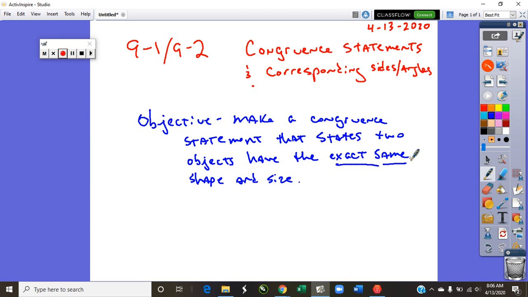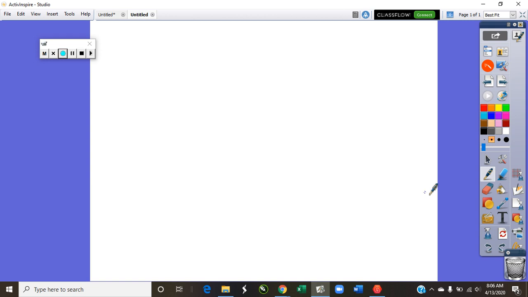And in addition to that, we're going to use that congruent statement to determine corresponding sides and corresponding angles. All right, let's go ahead and get started.